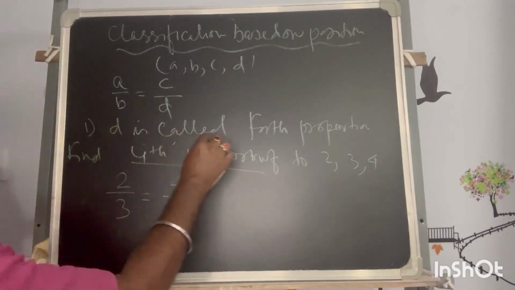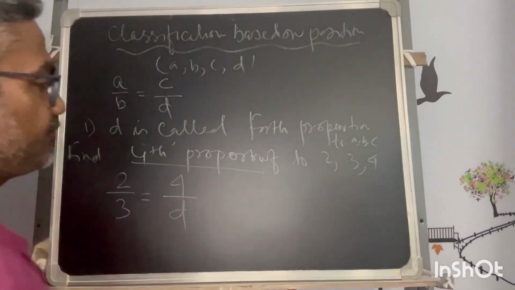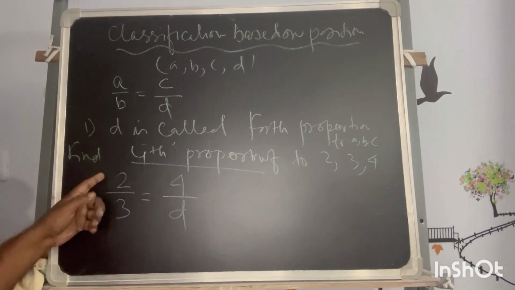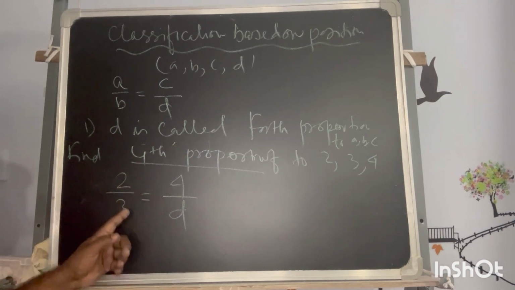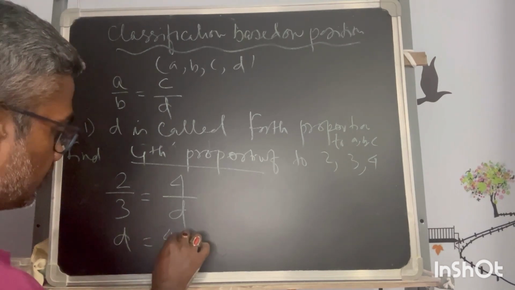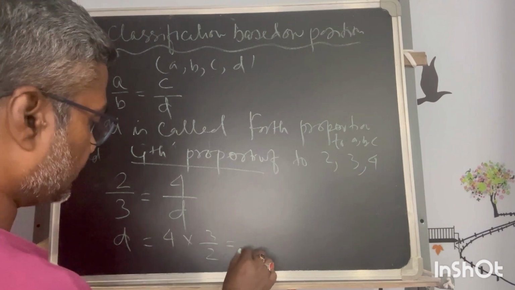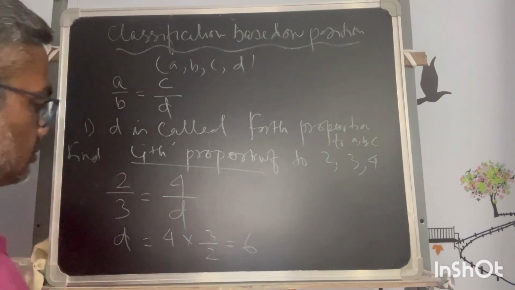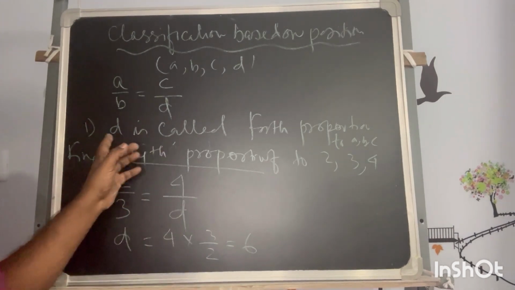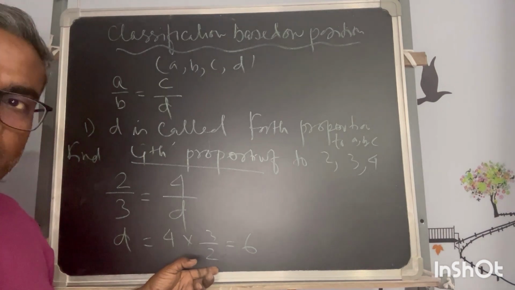So D is called the fourth proportion to A, B, C. If A, B, C are given, you write the equation like that: 2 by 3 is equal to 4 by D. Whatever value comes will give you the value of D. That is 2 into 6, so the D value will be 6. Then you will get the correct fourth proportion. So you understand what is meant by fourth proportion and how to calculate it.